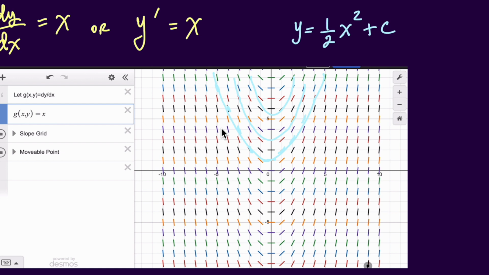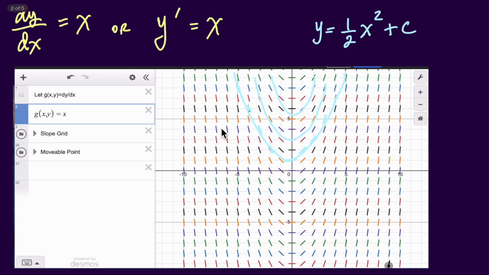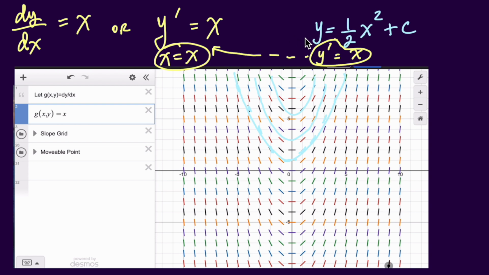So let's go and see if this works. So we're going to take y prime. So y prime is going to end up being just x. And lo and behold, if we take this derivative of what we believe to be a solution, and we go to the original differential equation and we plug in x for y prime, we do get an identity. So that indeed is the solution within the slope field graph.